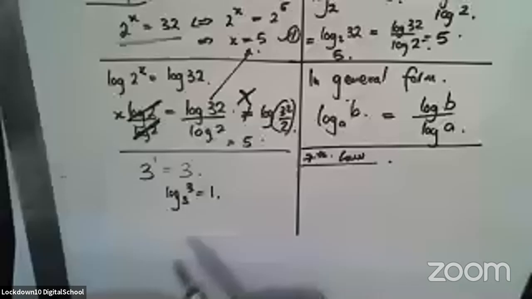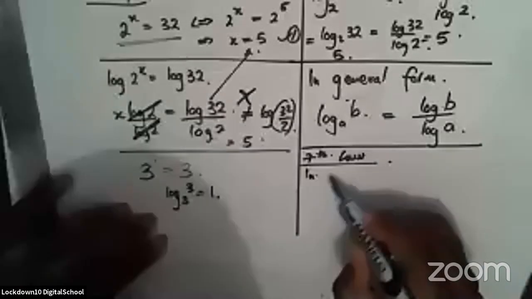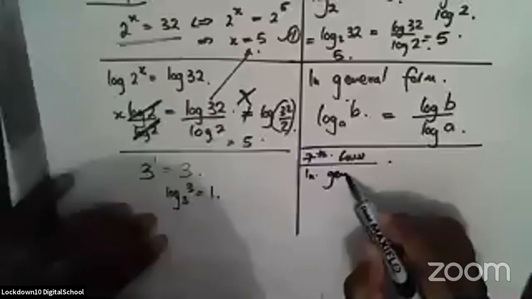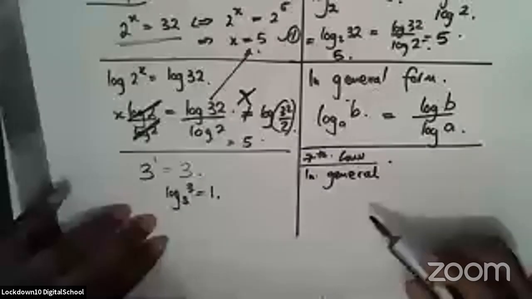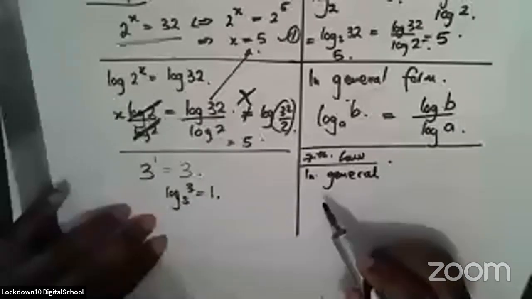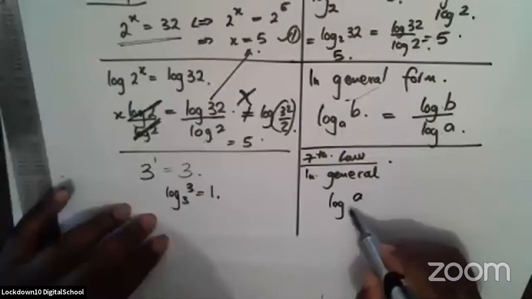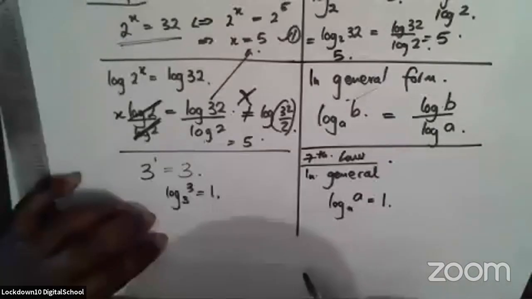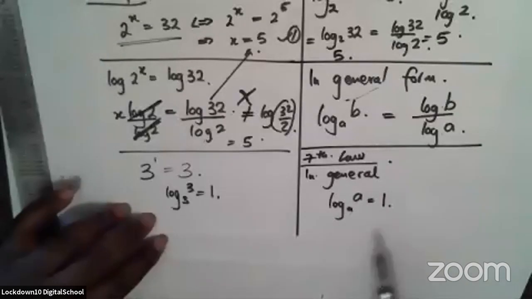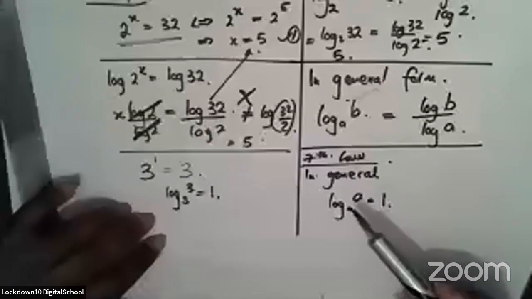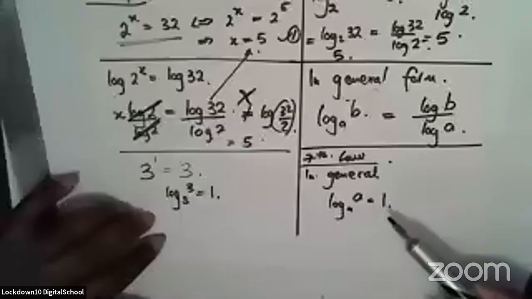So in general, log A to base A is equal to 1. Log of A to its base is equal to 1.